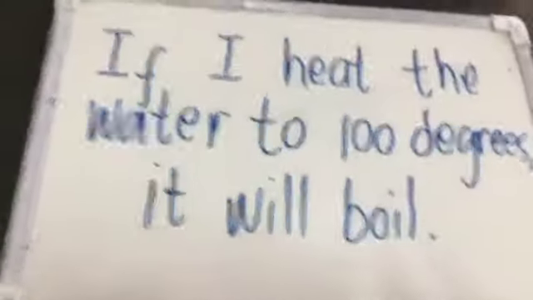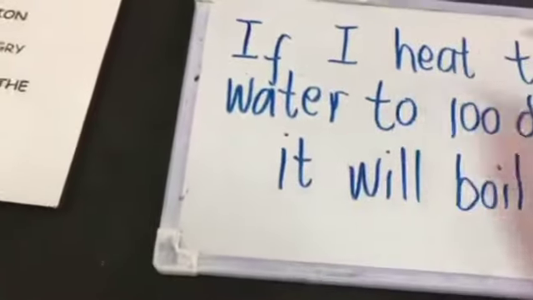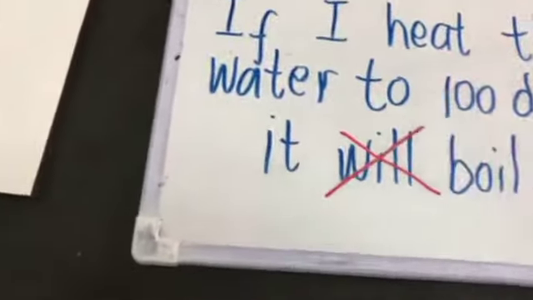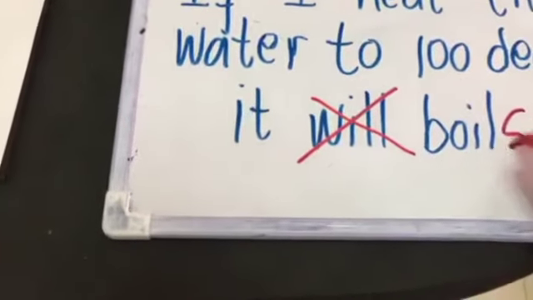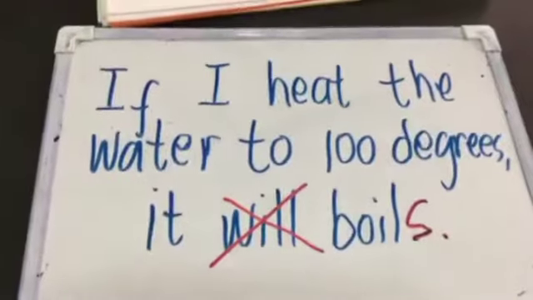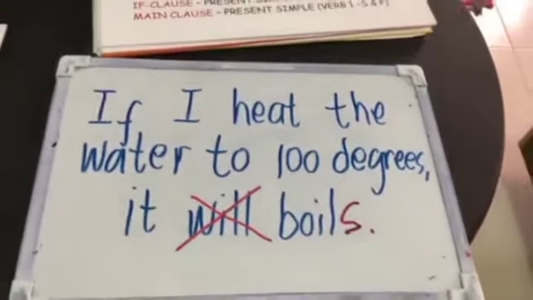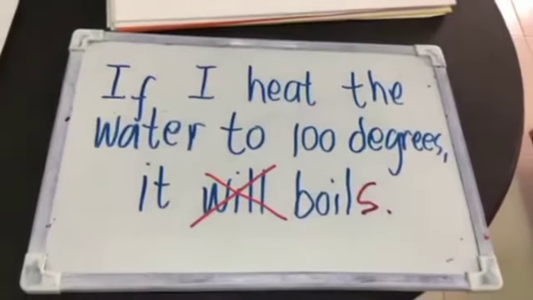So let me have the marker first. Okay. So all you have to do is just to cross this out and add S here. So you have, if I heat the water to 100 degrees, it boils. Or the water boils if I heat it to 100 degrees.